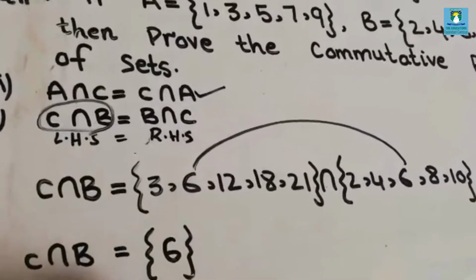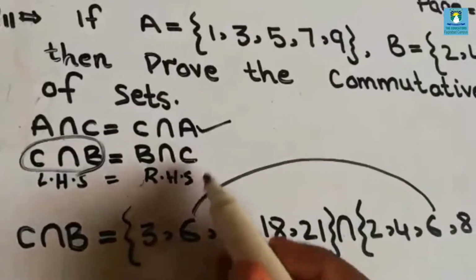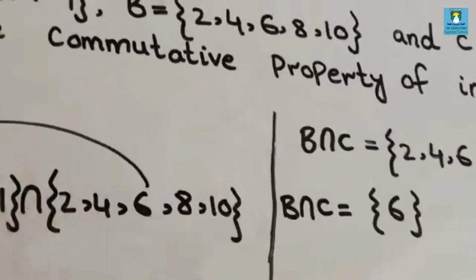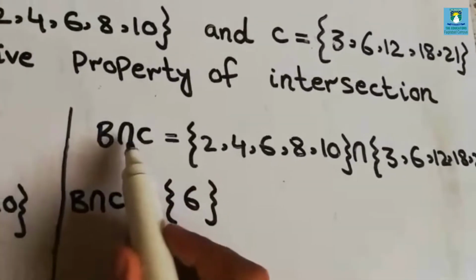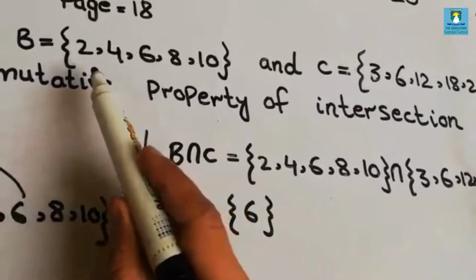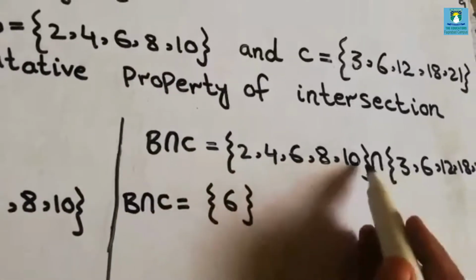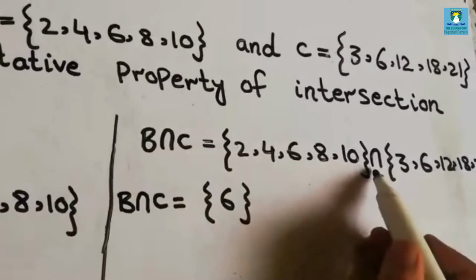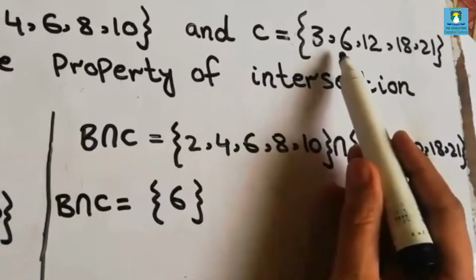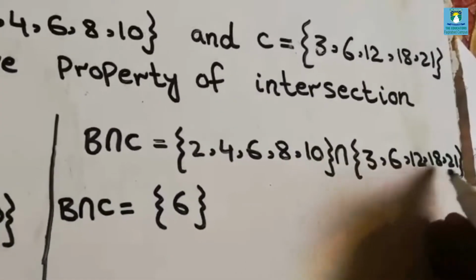Now it's left hand side. Now we have to prove that B intersection C, which is right hand side. So B intersection C is equal to, what are the elements of set B? They are 2, 4, 6, 8 and 10. So we will write here 2, 4, 6, 8 and 10. Then sign of intersection. Now what are the elements of set C? They are 3, 6, 12, 18 and 21. So we will write here 3, 6, 12, 18 and 21.